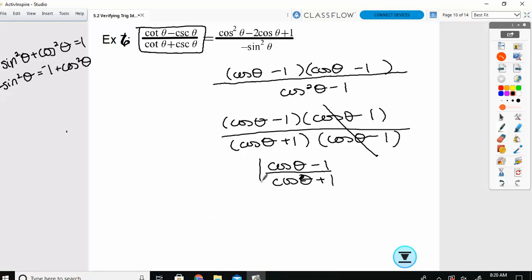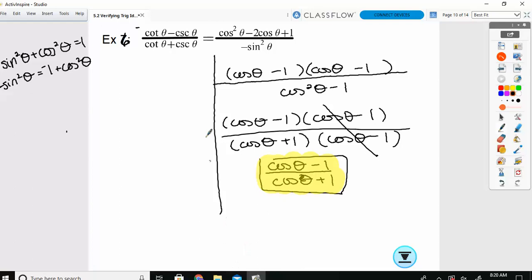If we're stuck, what can we do? The other side. Okay. We can say, never mind, this is going to be my new goal because I don't know how to get here. So I am going to work the other side of this equation and try to get to that answer.